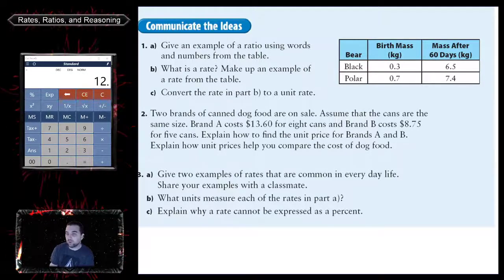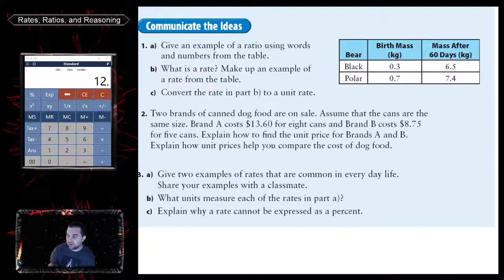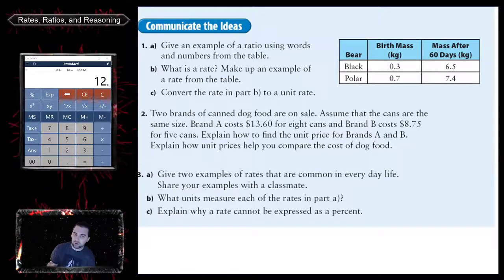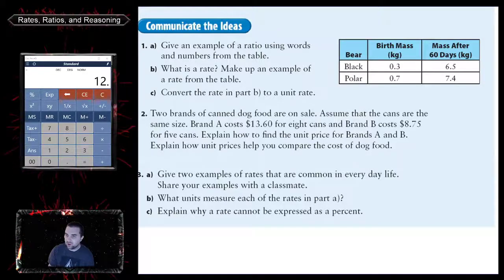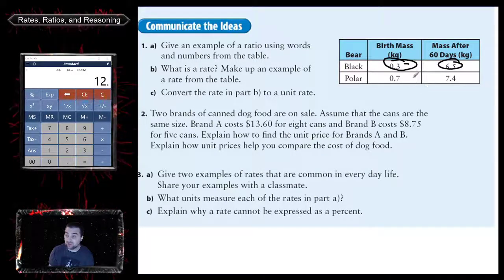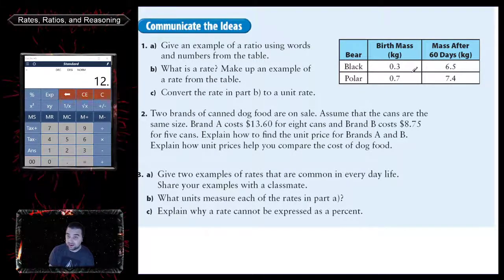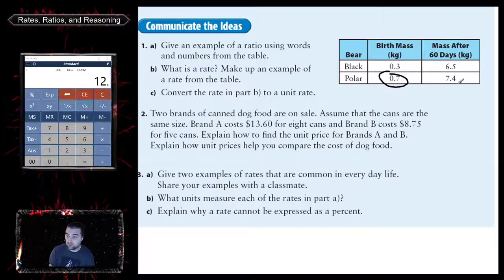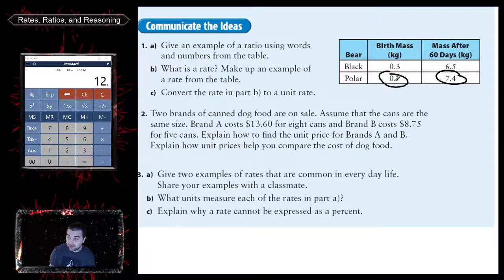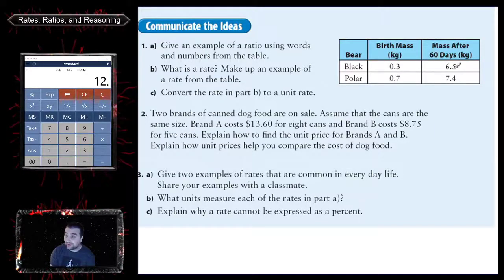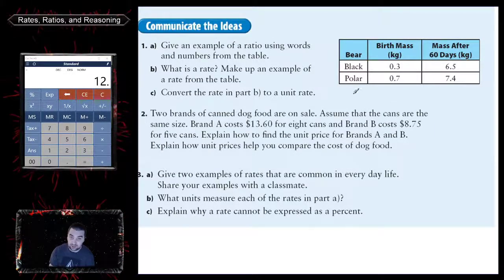A rate, though, is the same thing, kind of like a speed or how something is changing. So here we are looking, for example, at black bears. From the 0.3 after 60 days, it becomes 6.5. And for polar bears, they went from 0.7 to 7.4. So I could look at how many kilograms per day they gained.